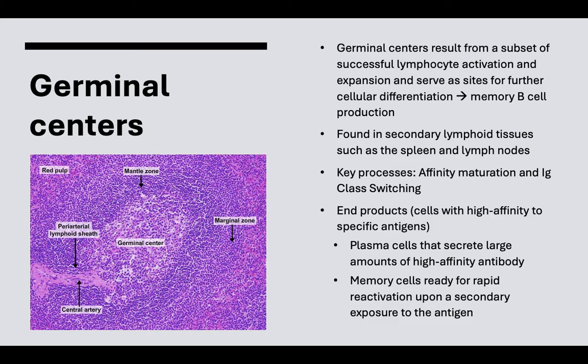The end product in germinal center reaction are cells with high affinity and cells that can easily recognize specific antigens, such as plasma cells, our B cells, and T cells that have specific receptors for the antigen, plasma cells that can secrete large volumes of high affinity antibody, and our memory cells that are further fine-tuned for rapid reactivation for succeeding exposure to the same antigen.